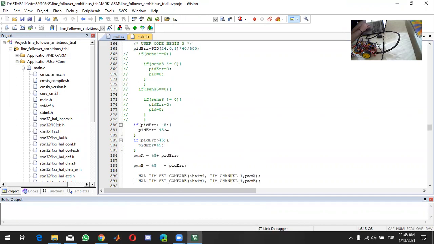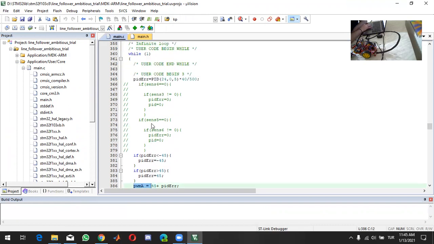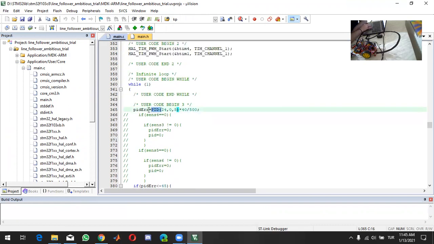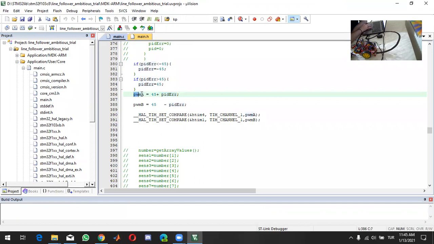That means I regulate here, I define PID as a PID error variable, so I can use the PID error here, and that means I have a threshold speed, because if I do not do this, when my sensor error is 0, it doesn't go anywhere.